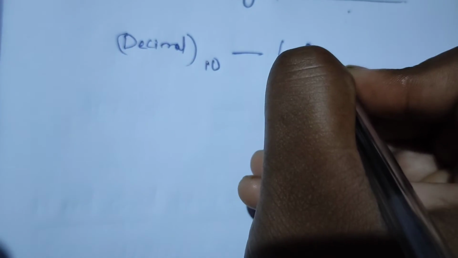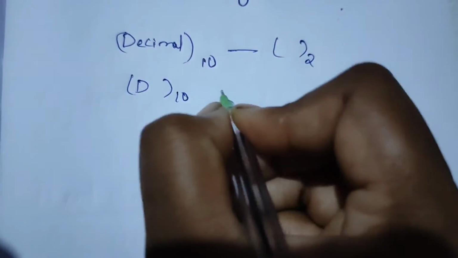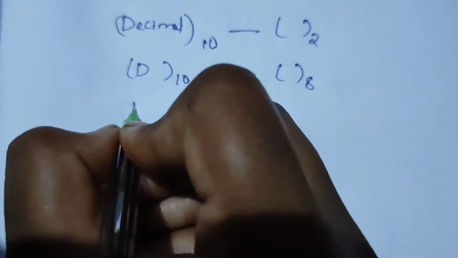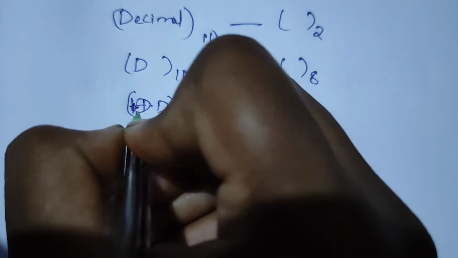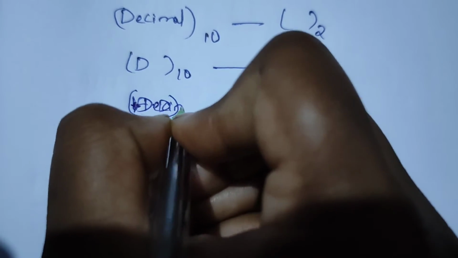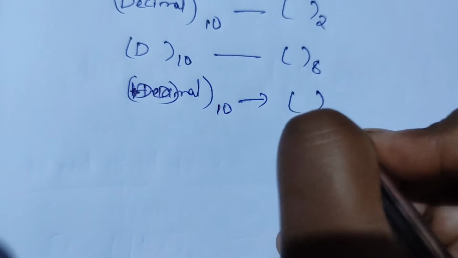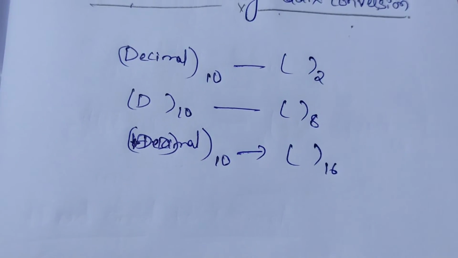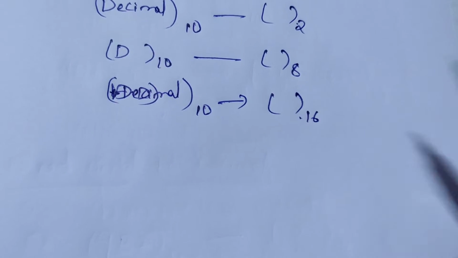So let us see first decimal of base 10 converting to binary, decimal converting to octal, decimal converting to hexadecimal. So how to convert this decimal to binary, decimal to octal, decimal to hexadecimal?